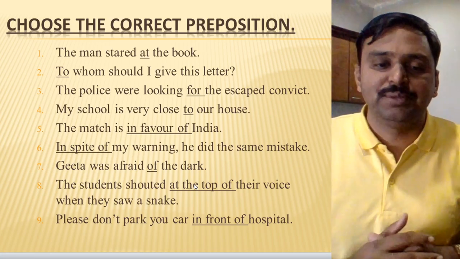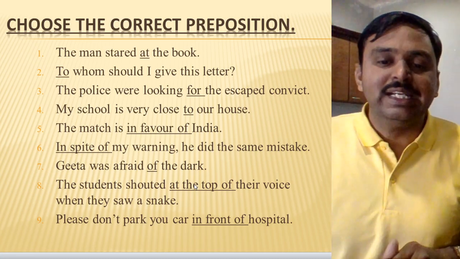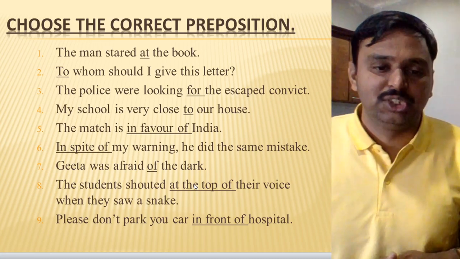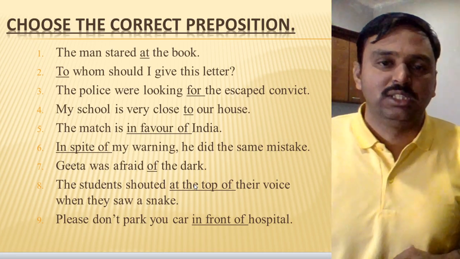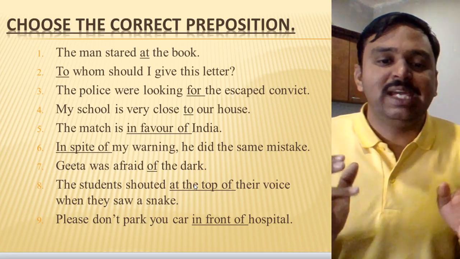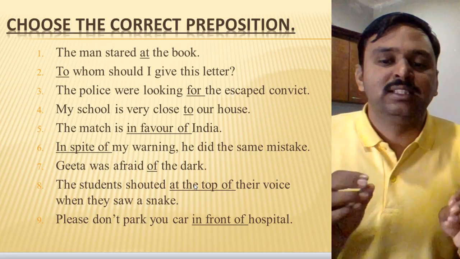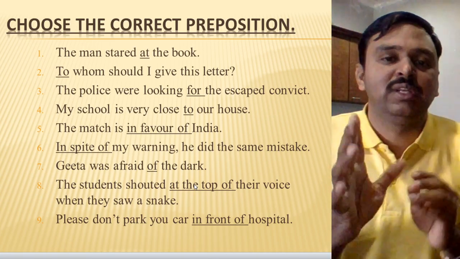Let's go to the sixth question. Dash dash dash my warning, he did the same mistake. The answer will be 'in spite of'. In spite of my warning, he did the same mistake. So a complex preposition, in spite of, will come.